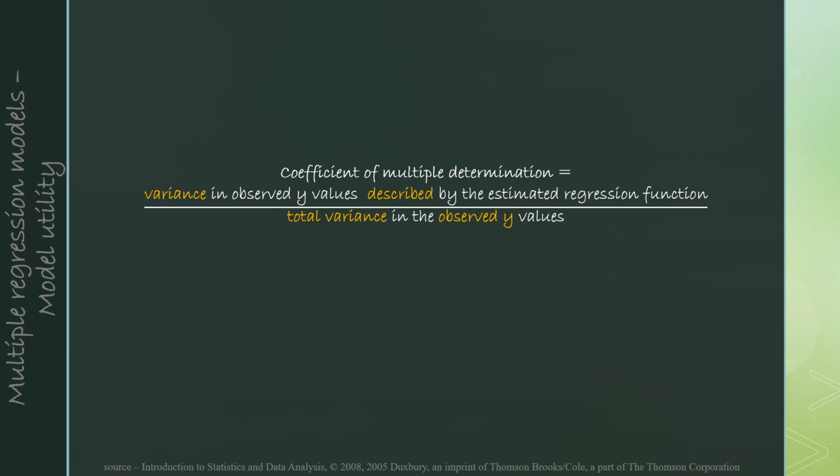The above definition is pretty much the same as in simple linear regression, except for the inclusion of the term multiple in the name. Coefficient of multiple determination denoted by R square therefore equals SST minus SSR divided by SST, which equals 1 minus SSR divided by SST.